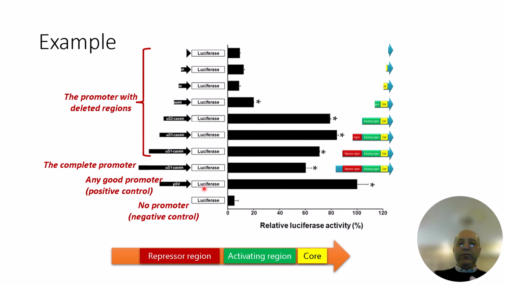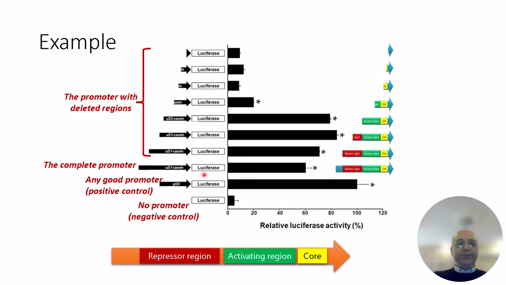So each group of cells would have a recombinant plasmid DNA containing the luciferase gene and different pieces of the promoter. Okay, and I measure the amount of light that is produced by converting the luciferin substrate into the light product. Okay, great.